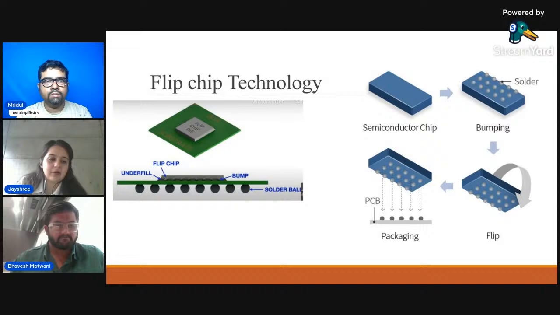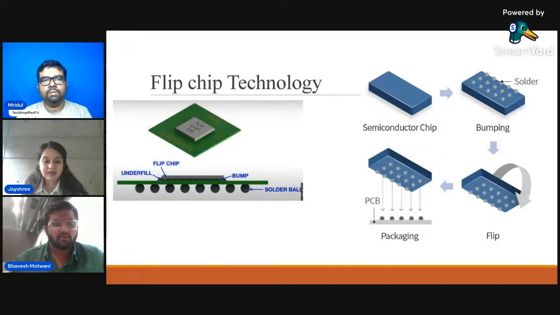So yes, we are using this flip chip technology. We will understand the advantages and limitations. Firstly, it has shorter interconnections, then higher input output density, improved thermal conductivity, and enables smarter and thinner packaging.